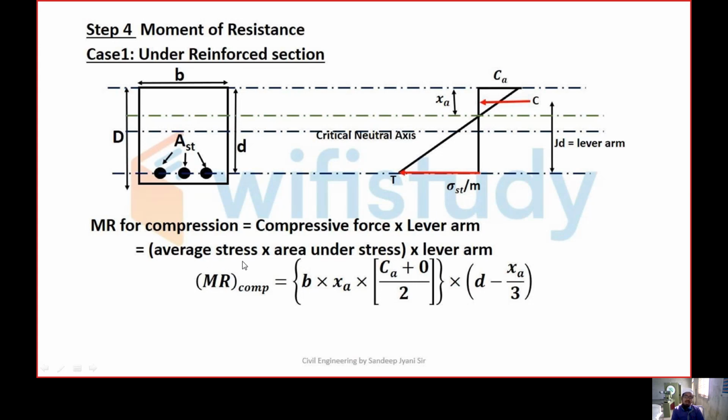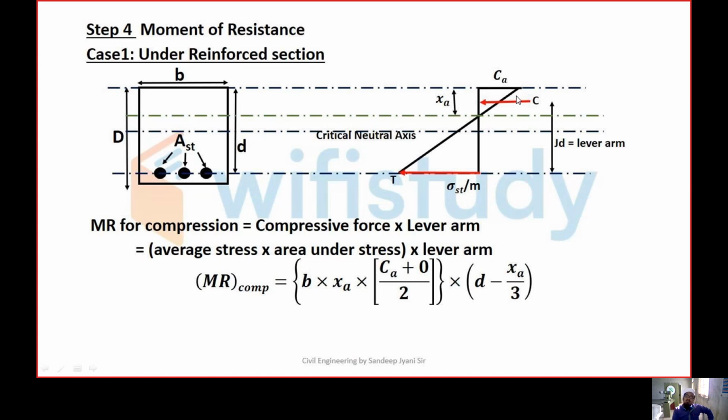So first of all, the average stress. What does average stress mean here? Not C, but the average stress means the maximum plus minimum by 2. That gives us the average stress.